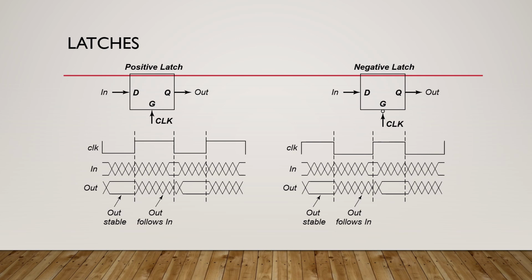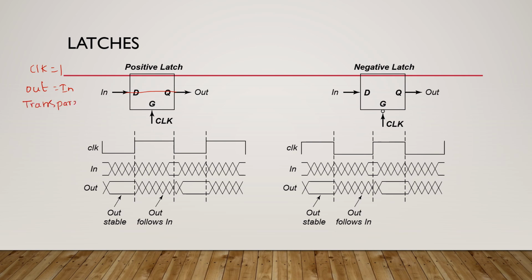Now we are going to see the difference between the positive latch and the negative latch. Positive latch means when my clock is 1, my output equals input, right? When my clock is 1, my output is connected to the input side. That means the positive latch is in transparent mode.